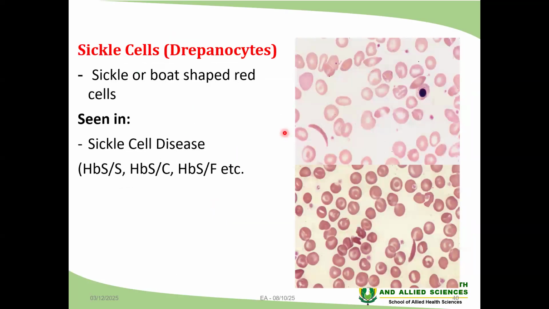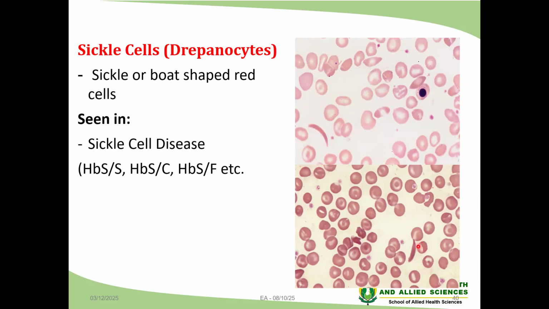All right. Next is one other poikilocyte, which is widely known across the world, which are the sickle cells, also called drepanocytes. So these are sickle-shaped or boat-shaped red cells that you may find in the blood film. So this one is a classical sickle cell.